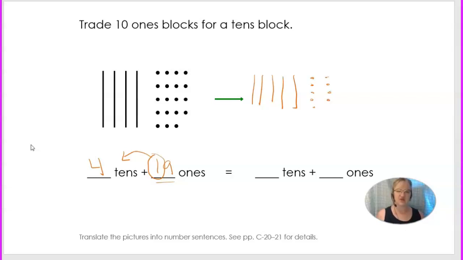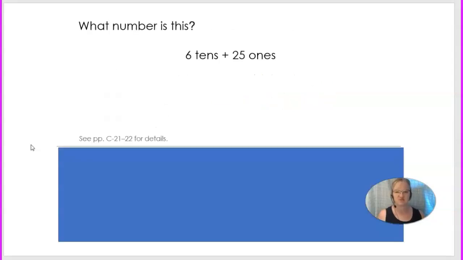So we can rewrite 4 10s and 19 ones as 5 10s and 9 ones. So 4 10s and 19 ones is the same amount as 5 10s and 9 ones. This is an important concept to understand our place value system.